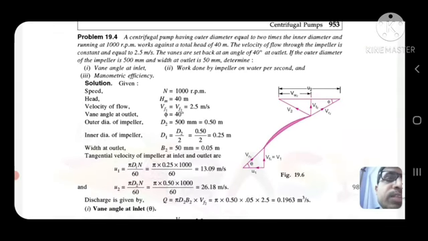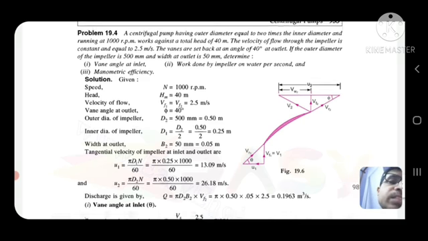A centrifugal pump having outer diameter equal to 2 times the inner diameter and running at 1000 rpm works against a total head of 40 meter. The velocity of flow through the impeller is constant and equal to 2.5 meter per second.